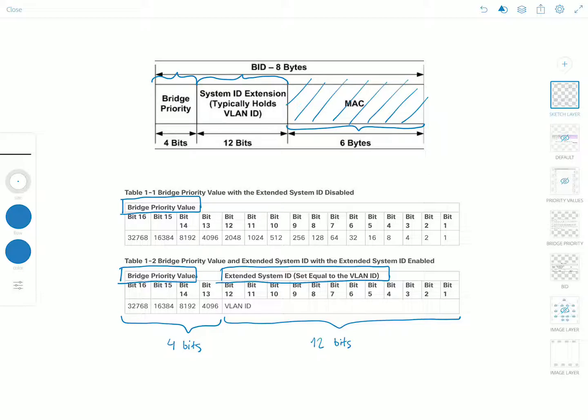So the bridge priority value is configurable using the spanning-tree vlan priority command. So like this, spanning-tree vlan, and then the VLAN ID, and priority, and then the priority value.